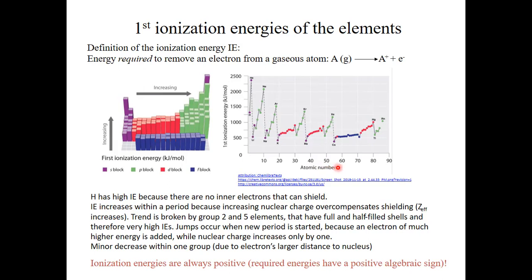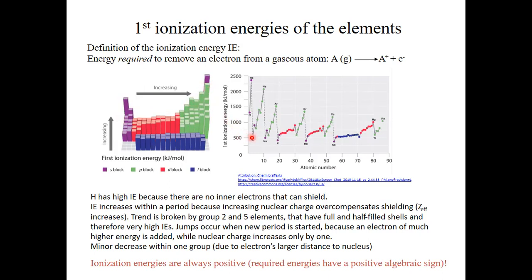So let's first see how ionization energies change within a period as we go from the left to the right in the periodic table. We can do this for the first period as we go from hydrogen to helium. We see that our ionization energy increases. Now, what about the second period? It's a little hard to see here, but we also see that there is an increase in ionization energy.